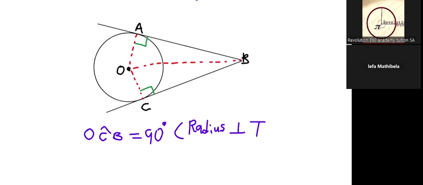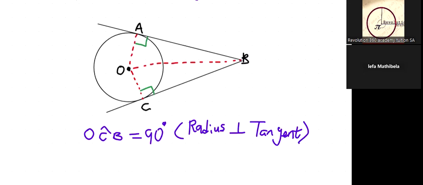The reason why we say radius perpendicular to the tangent is because when you speak about the radius, it is any line from the center of the circle to the circumference of the circle. So the reason why we say OC is 90 degrees is because OC represents the radius. So that's why we say radius perpendicular to the tangent, because line BC represents our tangent.